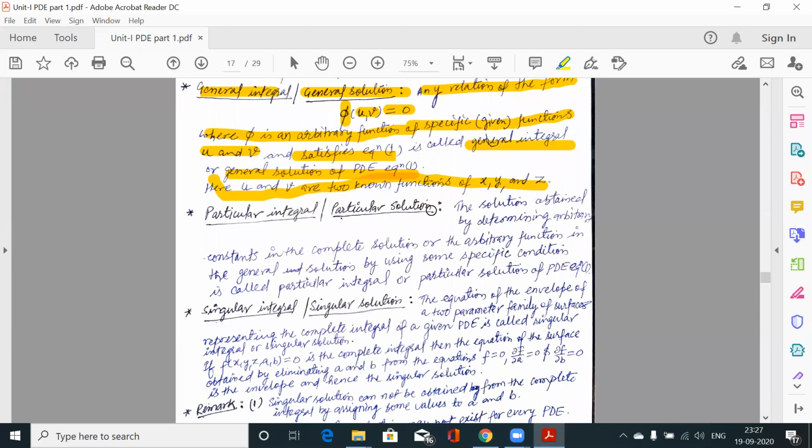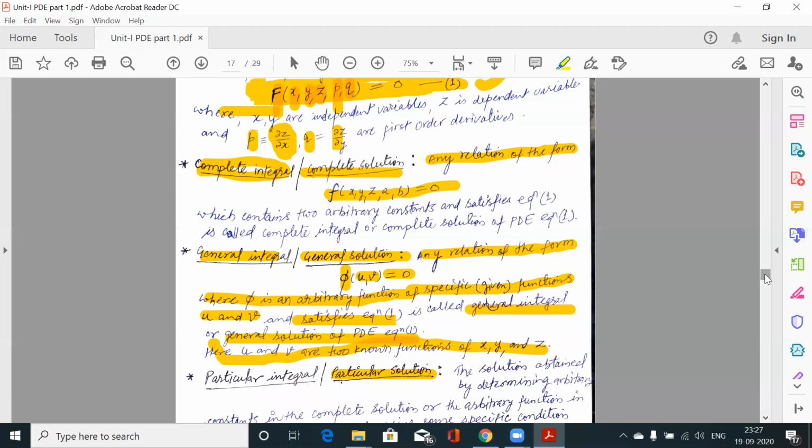Next, the particular solution. The particular solution is the solution which can be obtained from the complete solution or from the general solution. If we give particular values to the arbitrary constants a and b, the solution obtained is known as a particular solution. Also, if we assign a particular form to the arbitrary function phi, the solution obtained is also a particular solution.